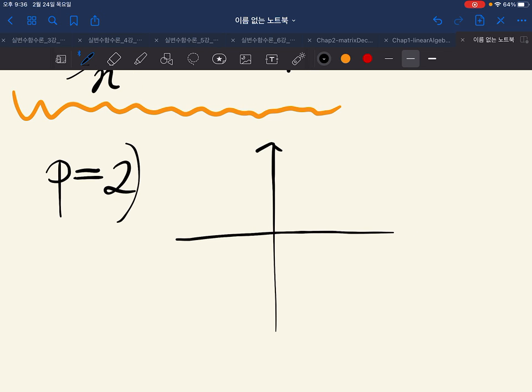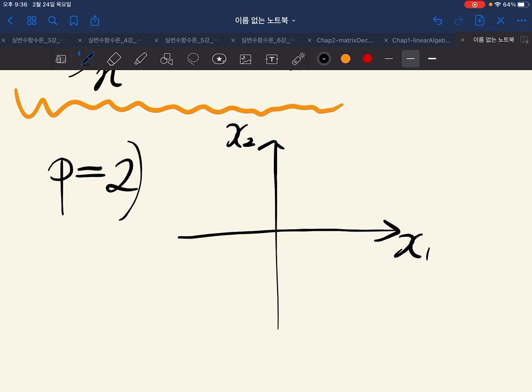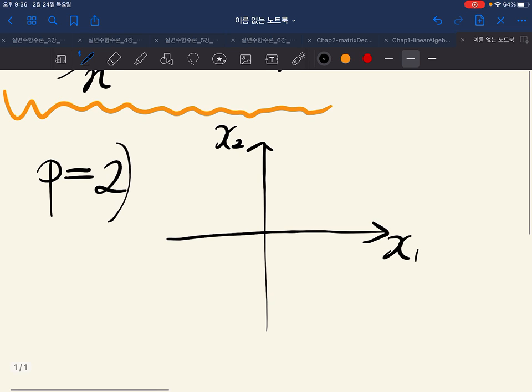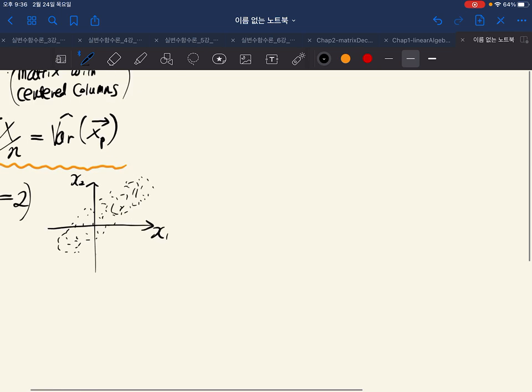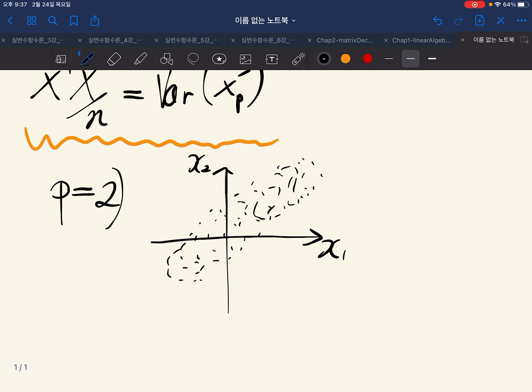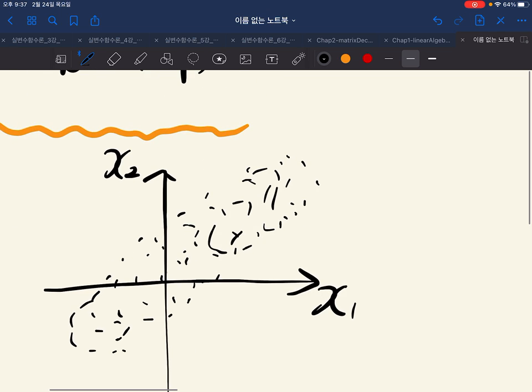Since we have centered all the data points, let's assume that there are n data points. So each are the rows.